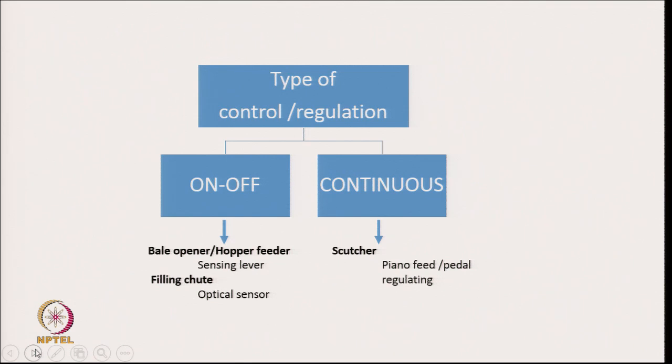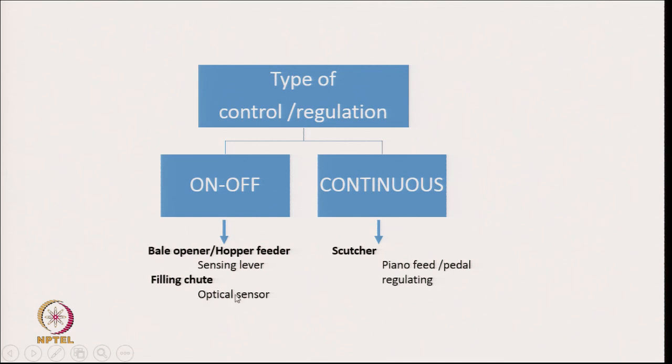So, the type of control or regulation practiced in the blow room line could be of two types. One is on off type of regulation and the other one is continuous type of regulation. On off type of regulation we have on bale opener or hopper feeders, and also on filling chutes.